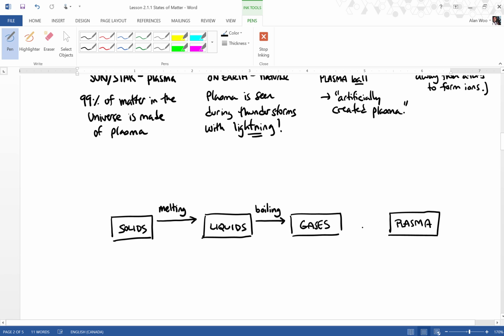Now, from gases to plasma, this one should be unfamiliar to you in terms of a name for a process, because again, we don't see a lot of plasma on planet Earth. But the process is called ionization.